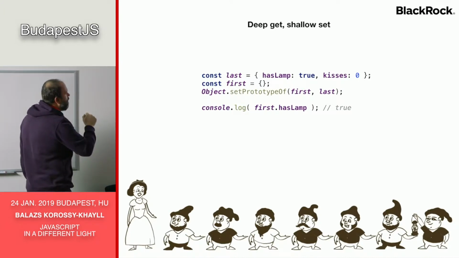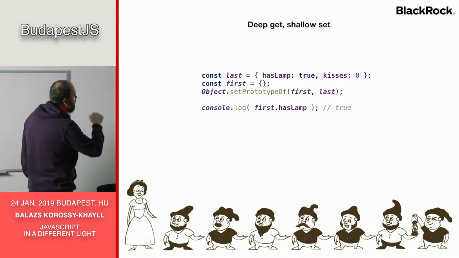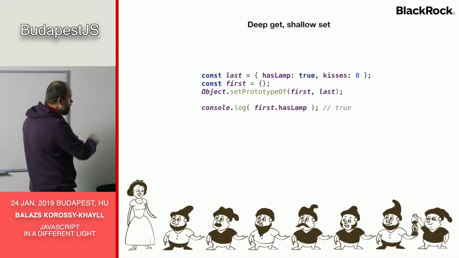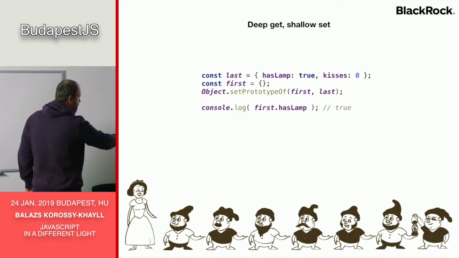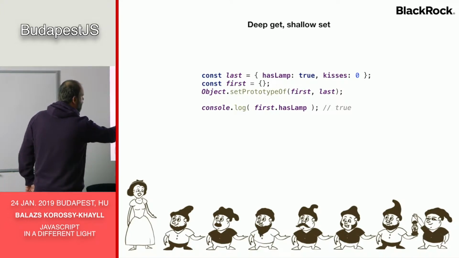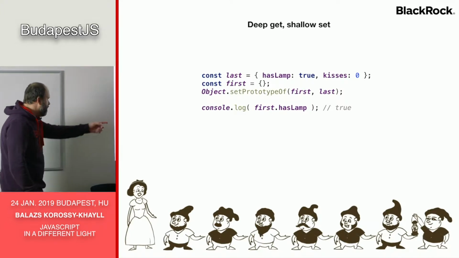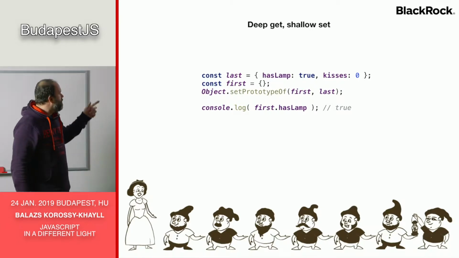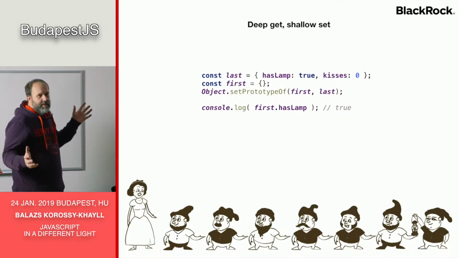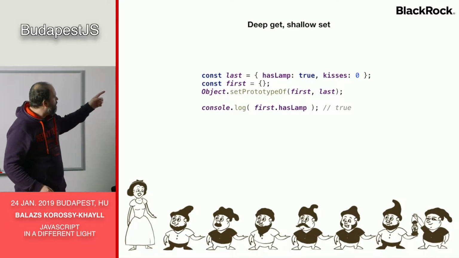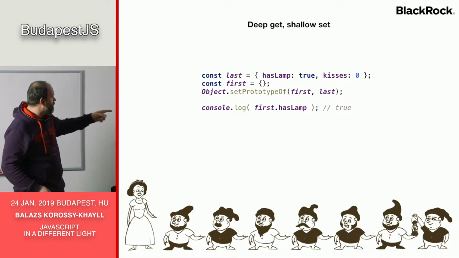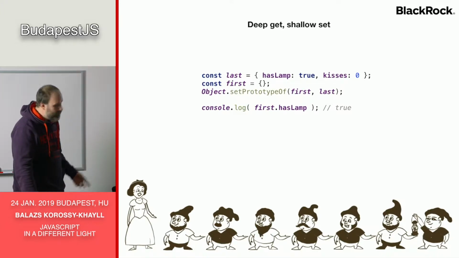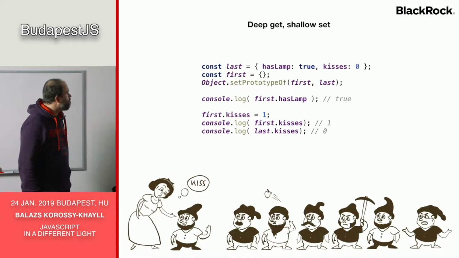The first dwarf has the last dwarf as its prototype, but you can imagine that if Snow White wants to get the lamp, then this will travel the prototype chain, and finally the lamp will be given to her. So it's okay, right? The lamp property is defined on the last dwarf, but Snow White can still get it. What about the other way?